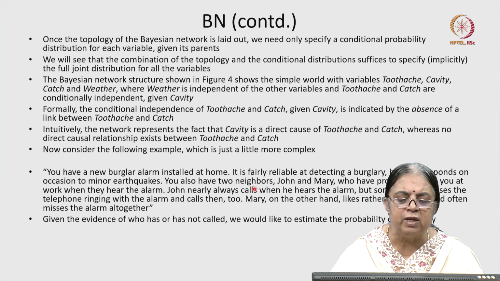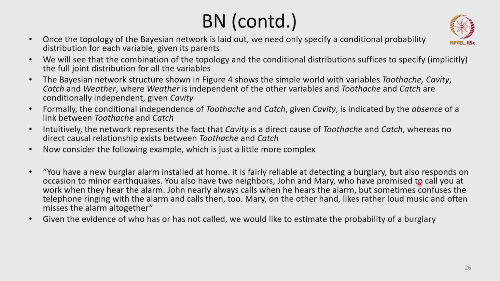You also have two neighbors, John and Mary, who have promised to call you at work when they hear the alarm. John nearly always calls when he hears the alarm, but sometimes confuses the telephone ringing with the alarm and calls then too. Mary, on the other hand, likes rather loud music and often misses the alarm altogether.